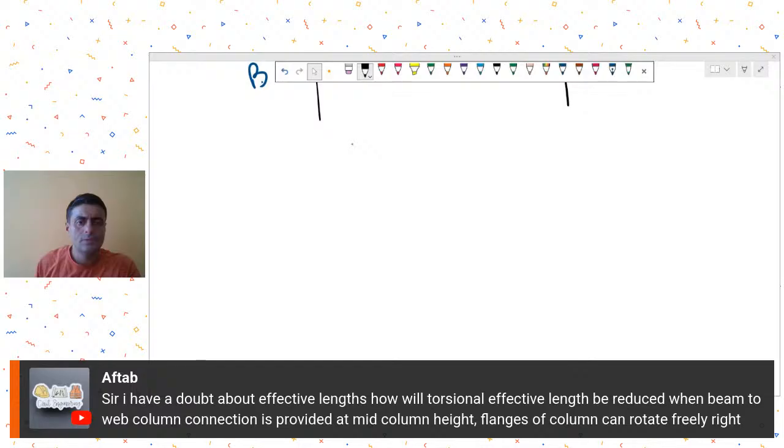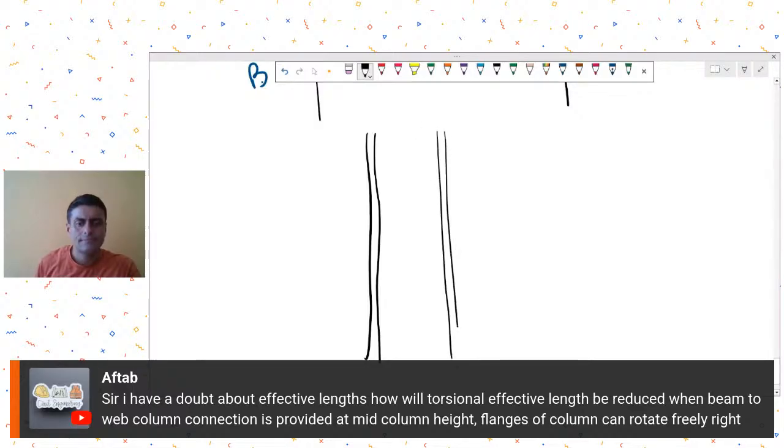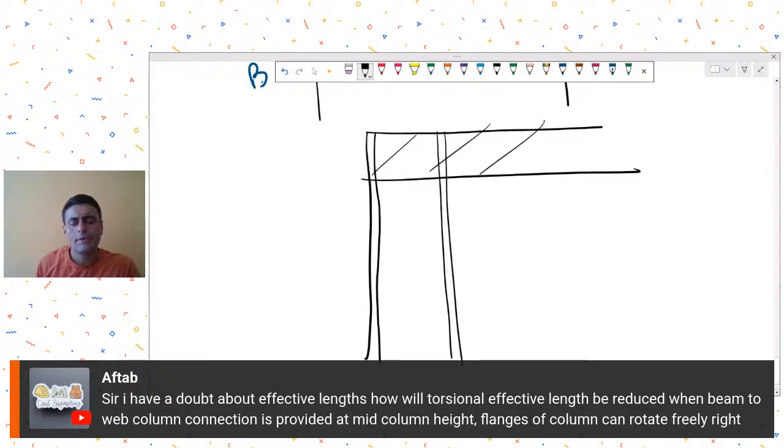So what the AISC code is telling is, let's say I have a column, I'm trying to draw an elevation, and it is integrally connected with a beam over here. You want it in another manner, right? Let me just delete this.